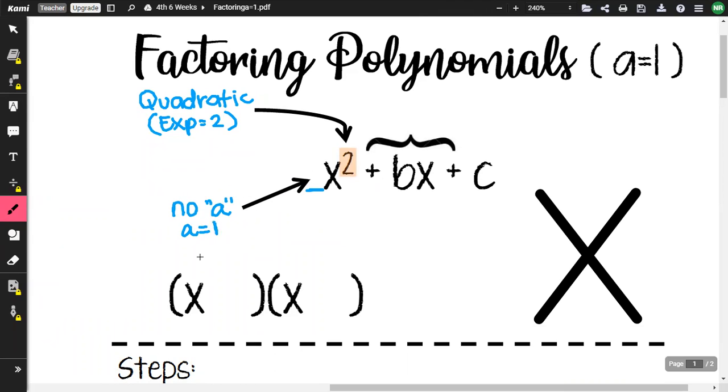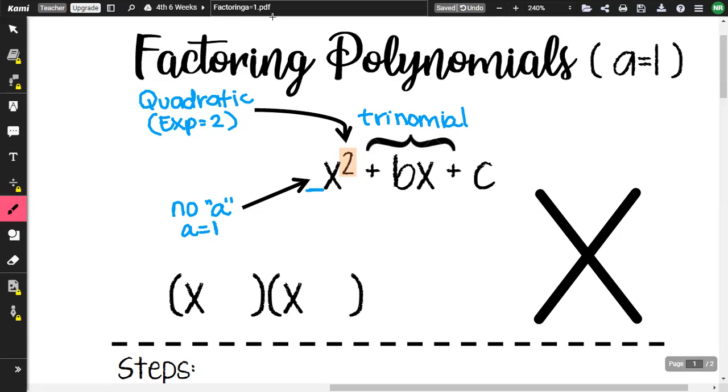Now, we're not actually going to be filling it in. What we're going to do is see how to factor a quadratic function when it has 1, 2, 3 terms. What is 3 terms? Trinomial. We are going to learn how to factor a trinomial.